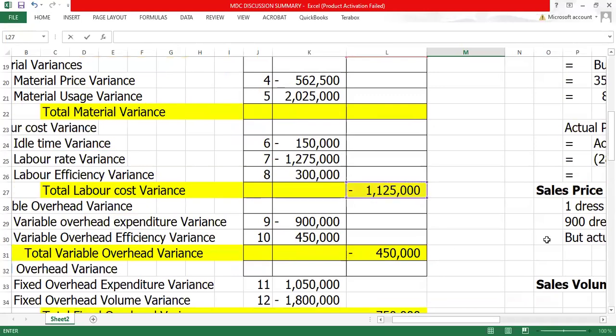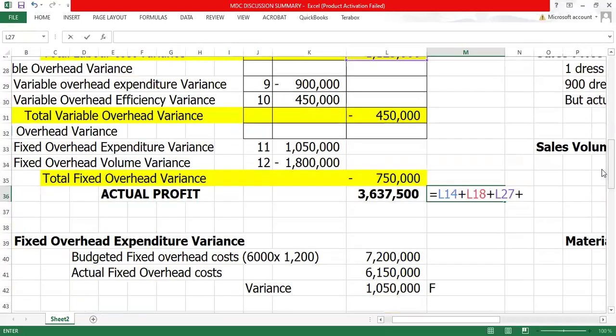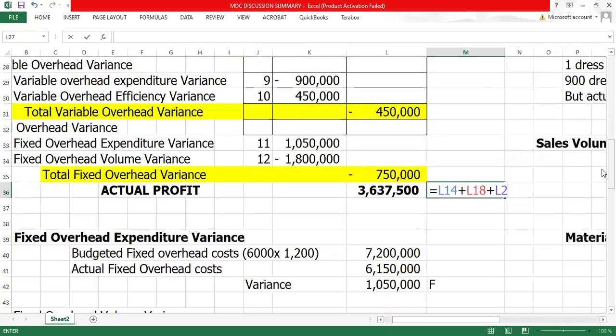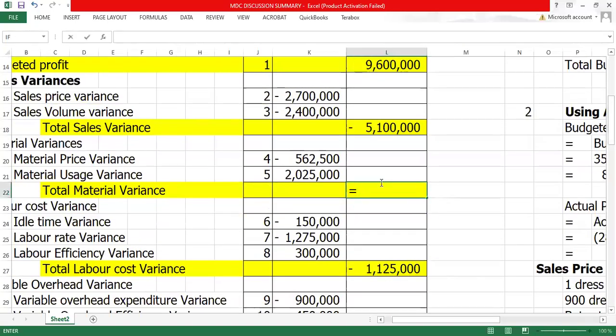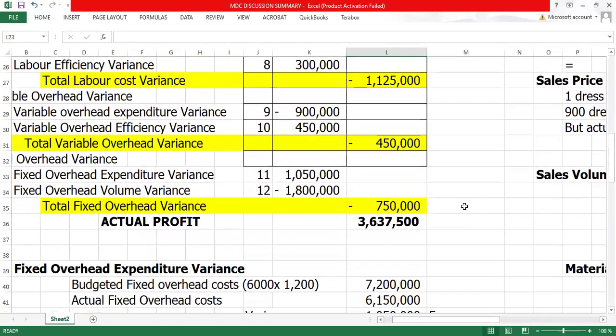Oh, sorry, we don't have material. Let's first get material, which we didn't add here. This plus this. Make sure that when you add, you get exactly this. For you to be sure that it has reconciled, you should be in a position to get this.